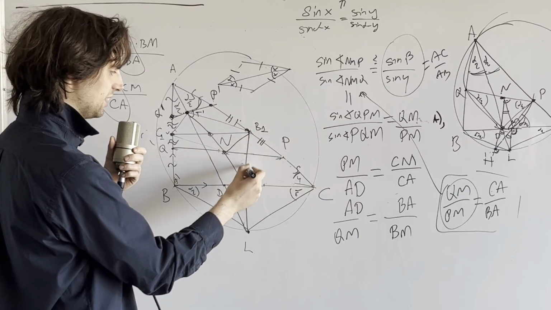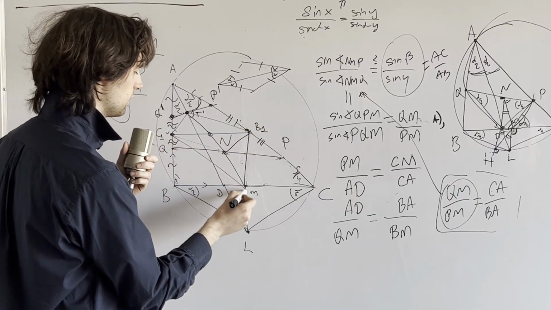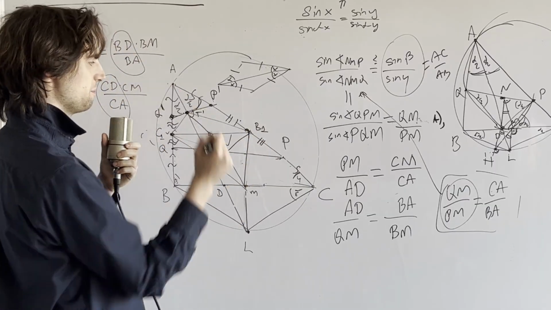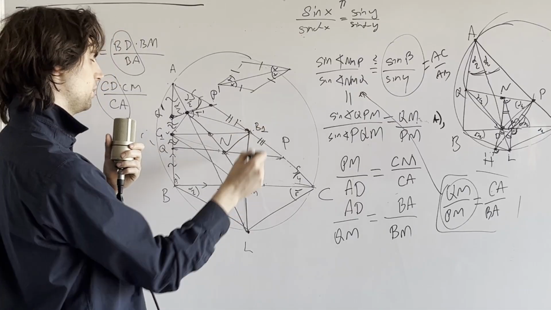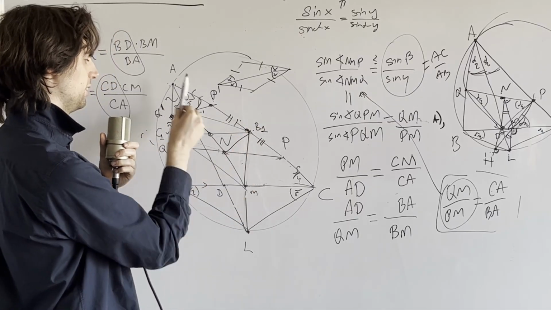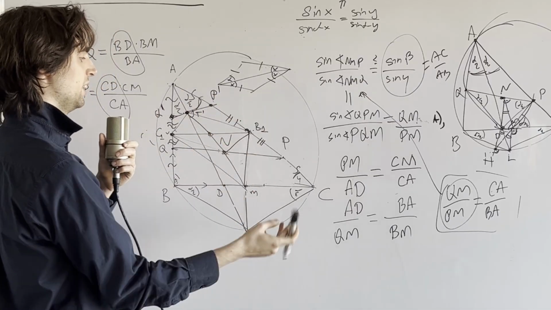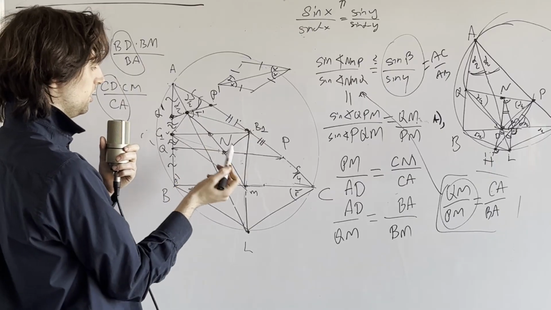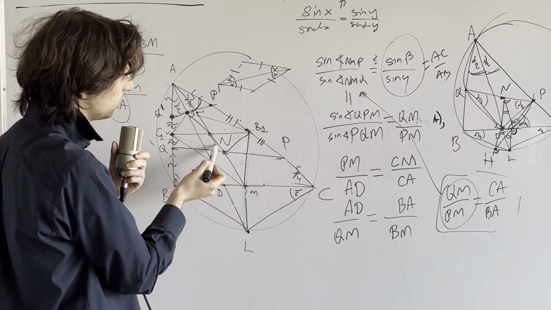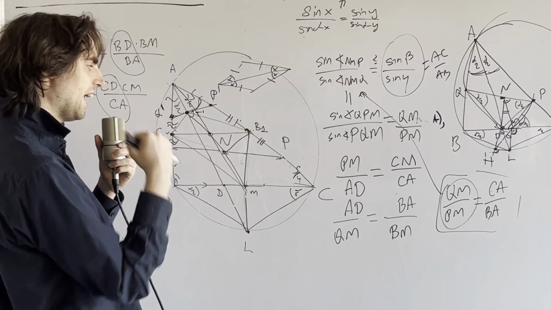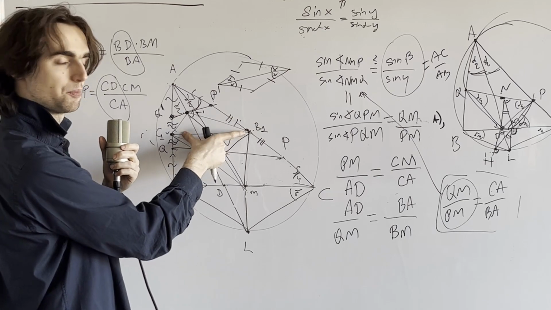Well, it is B1, M, C1, A. B1, M, C, A. This is parallel to this is parallel to this. And so we have that AM also halves B1C1.